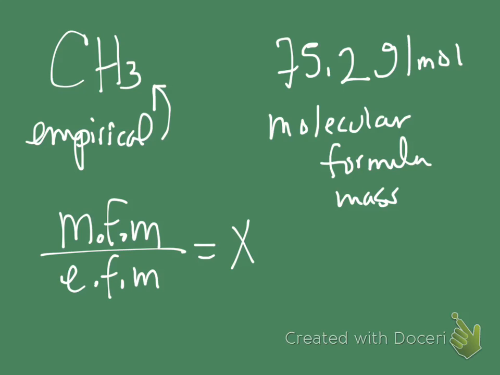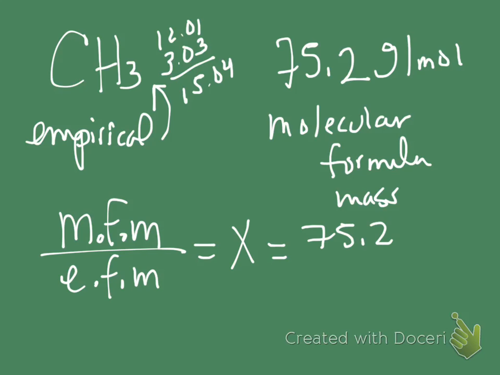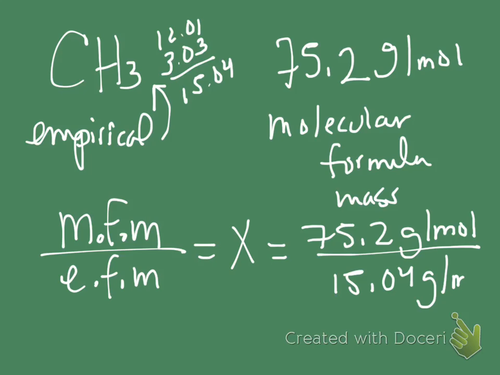So how do I find my empirical formula mass? Same way you do everything else, Moser. You add stuff. So this means that x is equal to 75.2 grams per mole divided by 15.04 grams per mole. What's x equal?